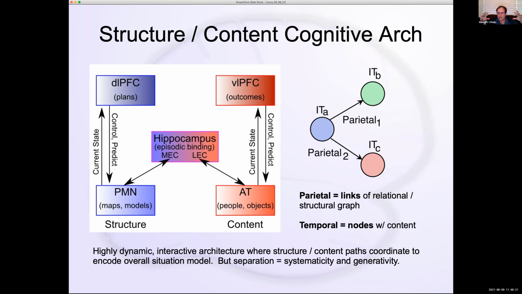To get that to work, these things really have to coordinate and work together moment by moment. So it's a much more interactive, dynamic conception of how things are working: you're not passing information around, but rather you're coordinating at a very broad level information processing across these two separable streams.